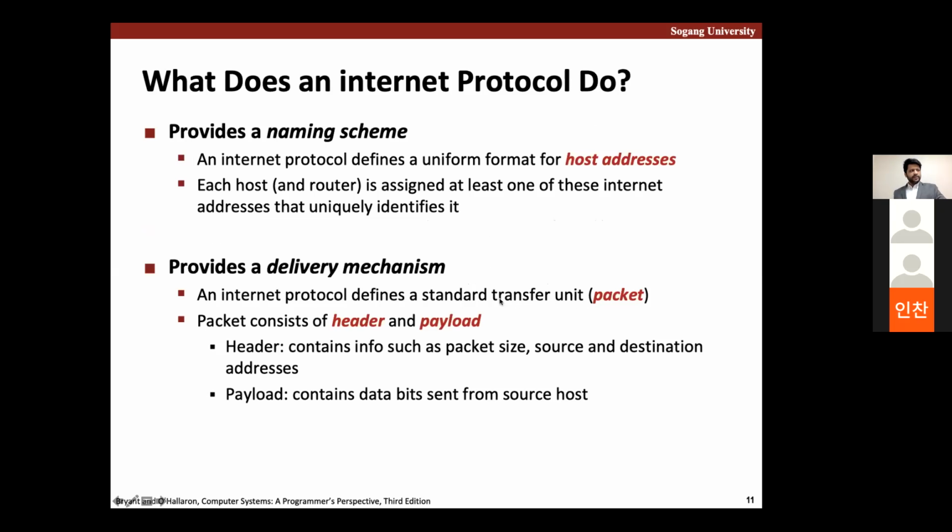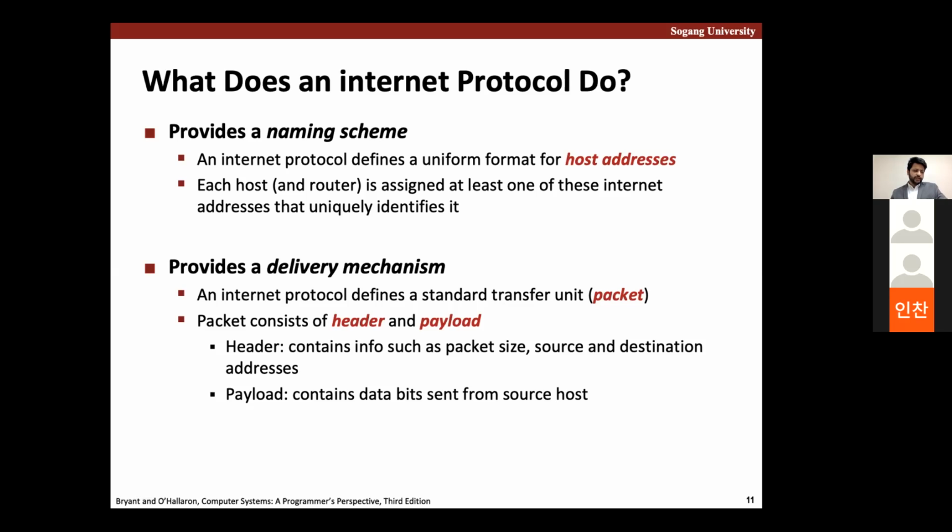So what does the internet protocol do? It does two things for us. The first is that it provides a naming scheme, and the second is that it provides a delivery mechanism. What is the naming convention? Different LAN technologies have different and incompatible ways of assigning addresses to hosts.